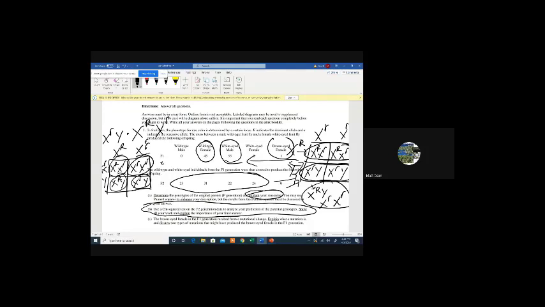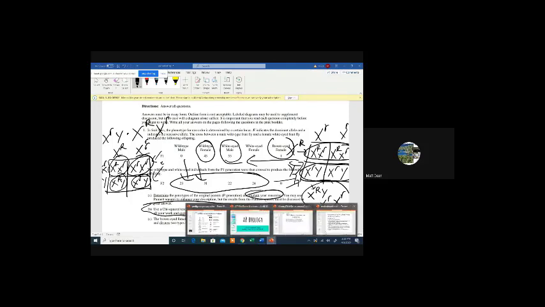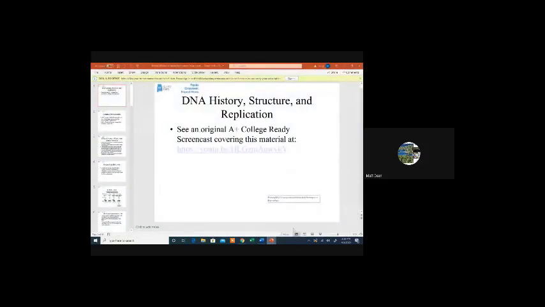So we're going to do a chi-square, and we're going to see if the data that we got, this data, matches to this 1-to-1 to 1-to-1 ratio that our Punnett square says we should have gotten. When I'm doing a chi-square, I want to do it in a table form. So let me pull up a table here real quick.